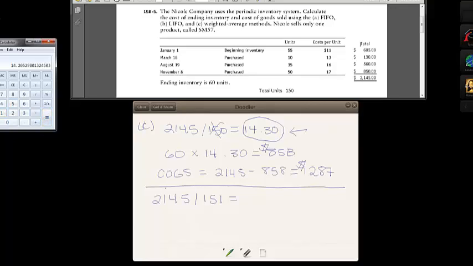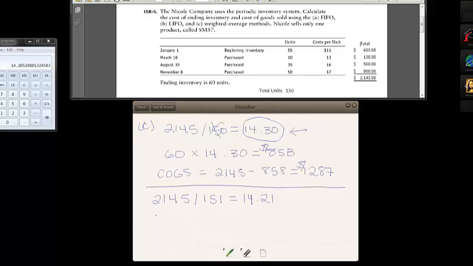Okay, look at that number there. $14 and 205, etc., etc. Now I want to round this to the nearest penny, which is $14 and 21 cents.